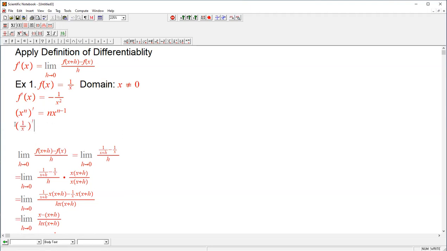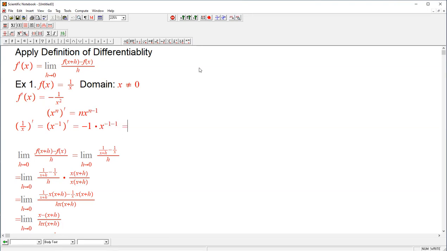Take that derivative. It's written as x raised to the power of -1, so you can see that n is -1. Here you're going to have -1 multiplied by x raised to the power of -1 minus 1.